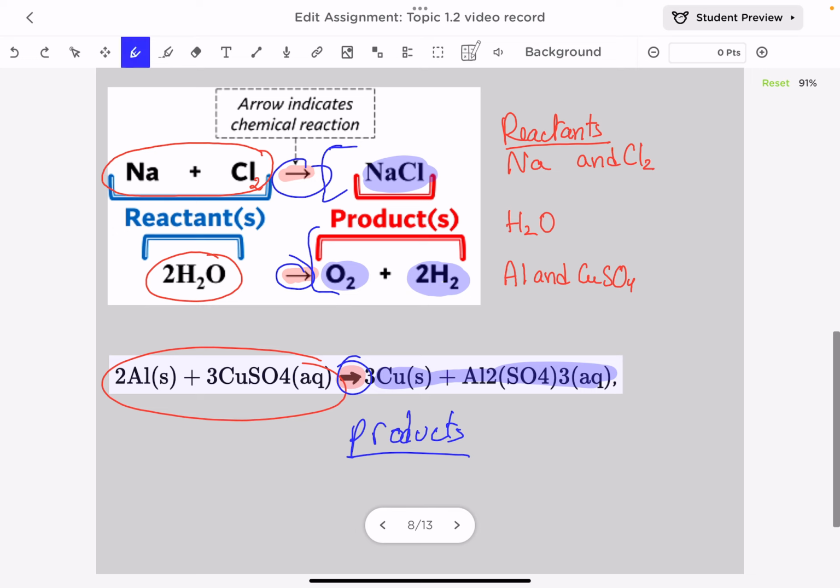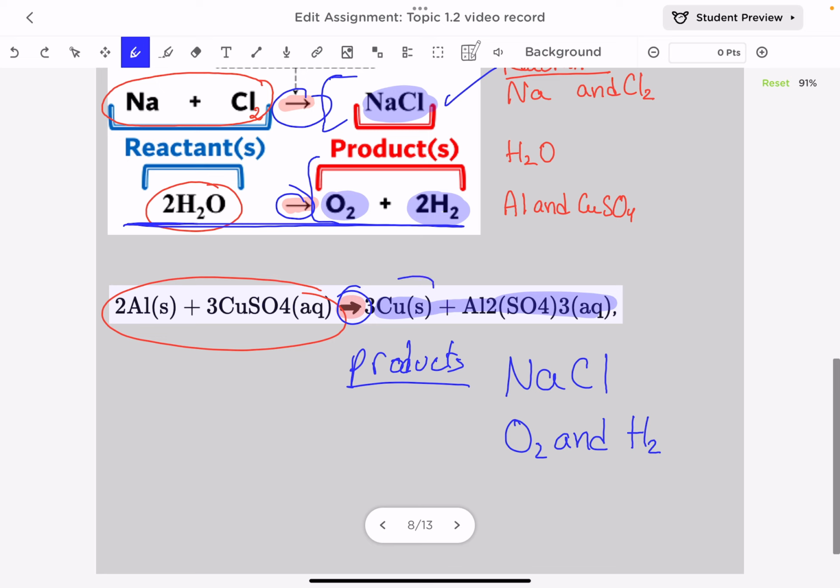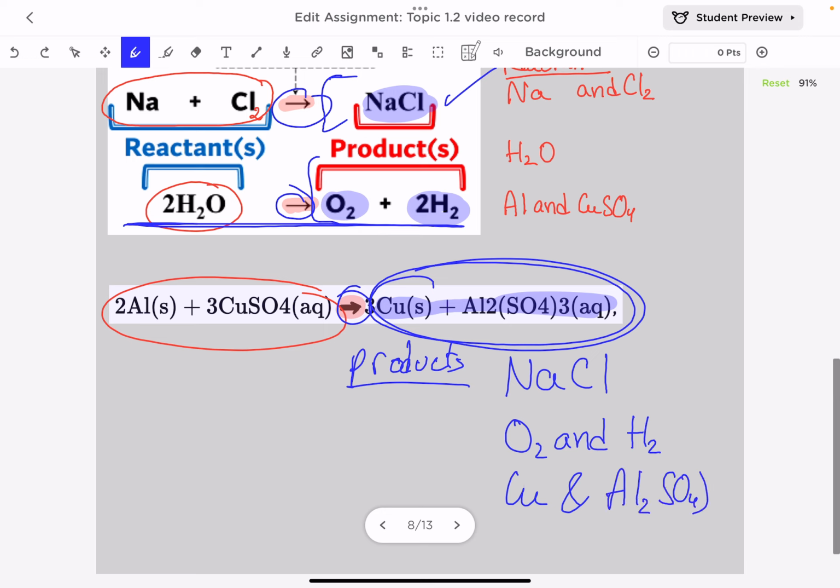So in the first equation, the products are NaCl. In the second equation, the products are oxygen and hydrogen. And in the third equation, the products are copper and aluminum sulfate. These are the products.